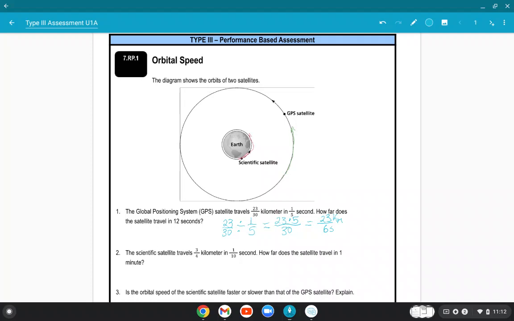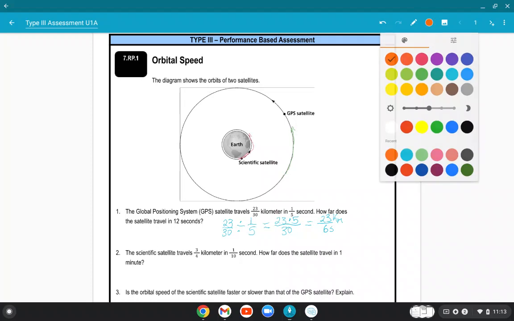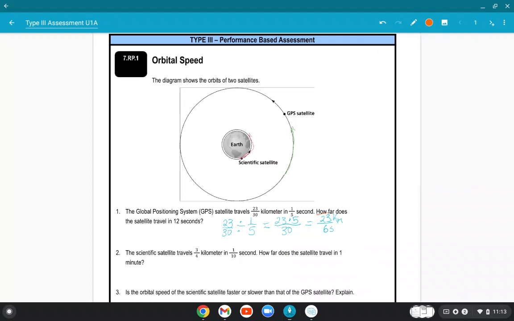But notice, they don't want us to find just the rate. They want us to see how far the satellite can travel in 12 seconds. That means I'm going to take this first part and do 23 over 6 kilometers times 12 seconds.